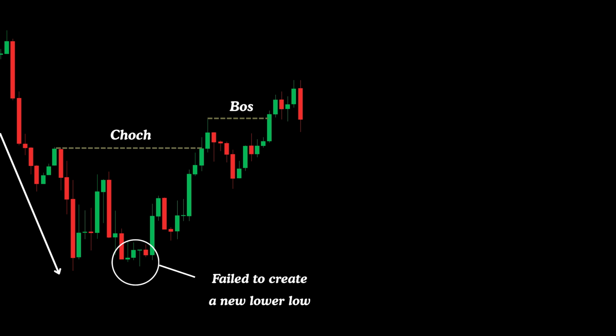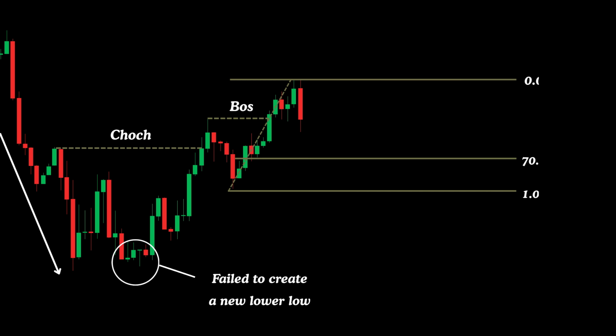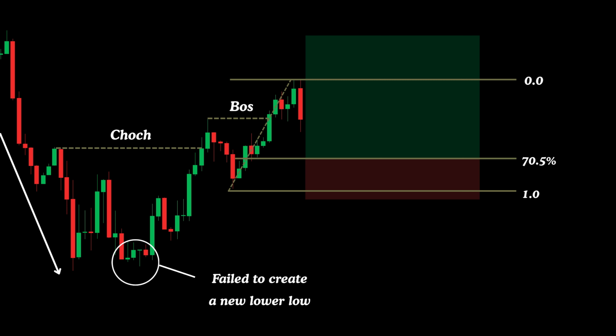With a bullish directional bias and enough room for price to reach the next significant resistance, we apply the retracement tool to the latest impulsive wave and place a buy limit at the 70.5% retracement level. The stop loss is set a few points below the swing low, and targets are defined according to our trading plan. This approach combines optimal trade entry with market structure to create a high probability trade.